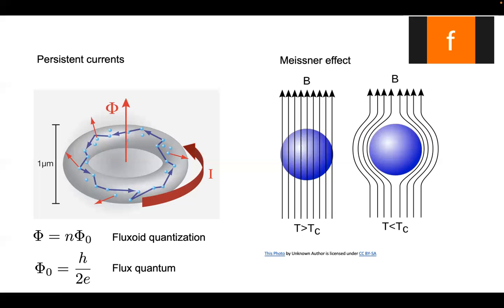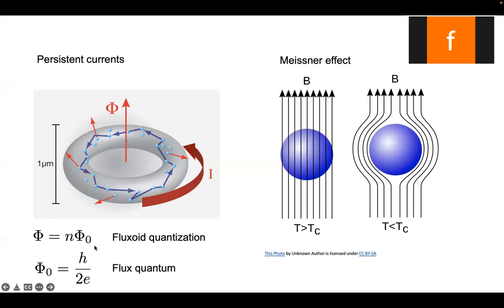But something really interesting here is that whenever you establish a superconducting current in a superconducting loop, the current cannot take any value. The values it takes have to be consistent with this famous fluxoid quantization that we have in this equation here.